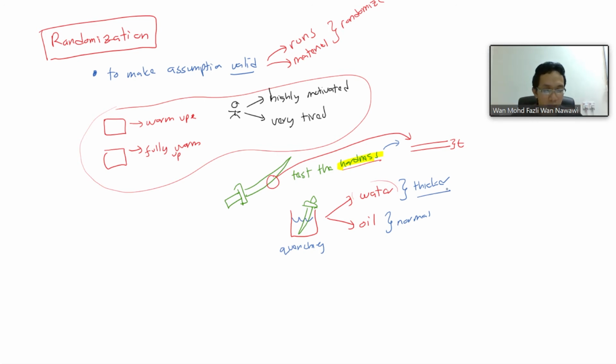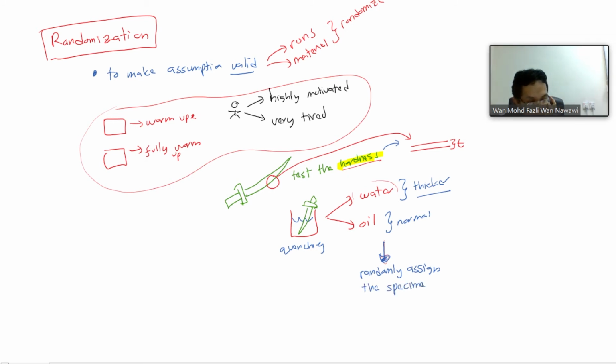So the solution is to randomly assign the specimen, or the sword here, to the quenching media or liquid. So that's what it means by randomization.